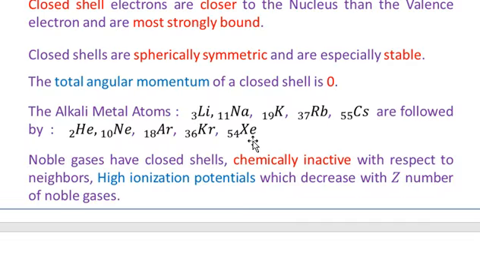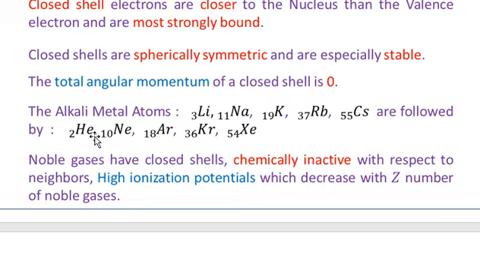The closed shells occur in helium, neon, argon, krypton, and xenon. These elements are the noble gases, and they have closed shells. The noble gases are chemically inactive with respect to their neighbors and have high ionization potentials, which decrease with Z. The electron in helium 2 has a very high ionization potential.